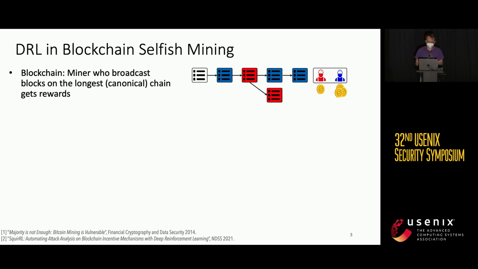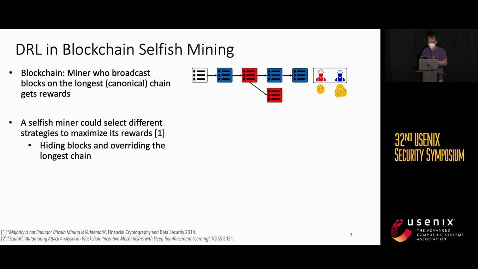We can imagine in this case there are just 2 miners. A miner who broadcasts blocks on the longest chain gets rewarded. In this case, the blue miner gets 3 rewards. The red miner only gets 1 reward because the other block was not on the longest chain.